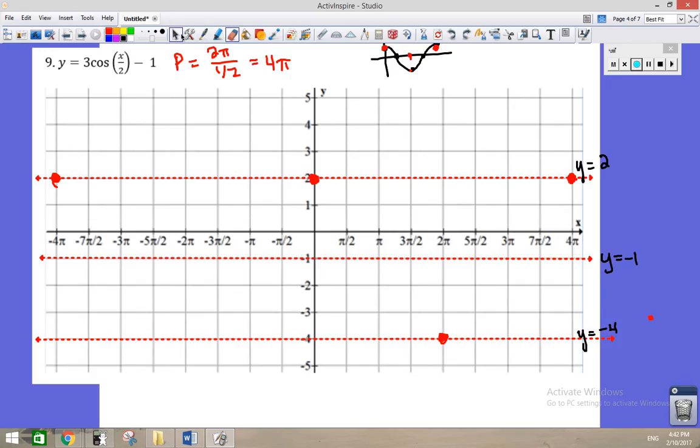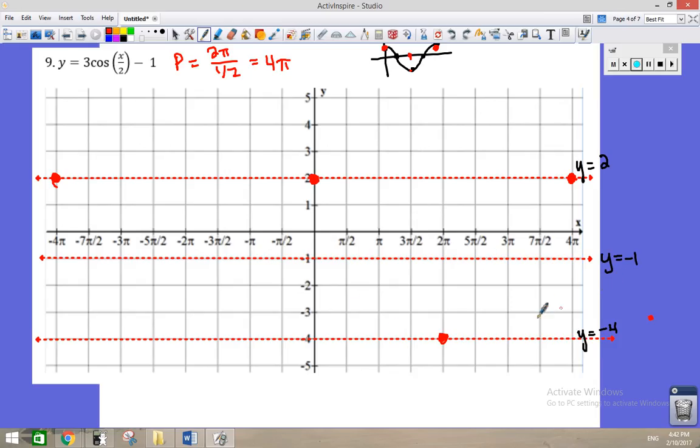If we replace x with 2 pi, that's the cosine of pi. The cosine of pi is -1. 3 times -1 is -3, and -3 minus 1 is -4. So I know that at 2 pi I'm at a minimum.